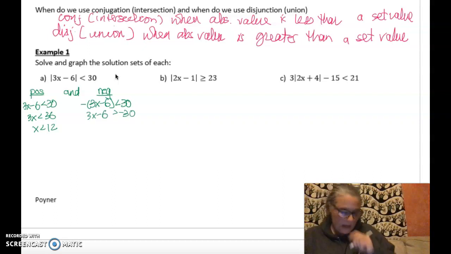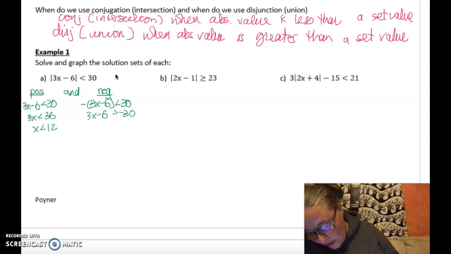You may have been taught before that you just switch the sign and make it negative or something like that. This is the algebraic reason why you have to switch the sign on the other side. All right, so now we're solving. We get 3x is greater than -24, so x is greater than -8.